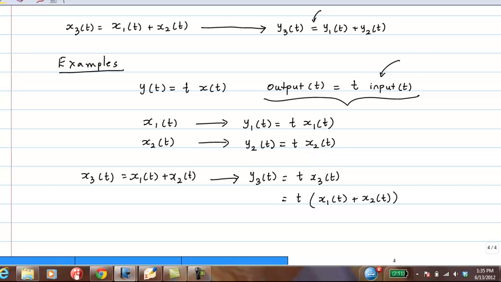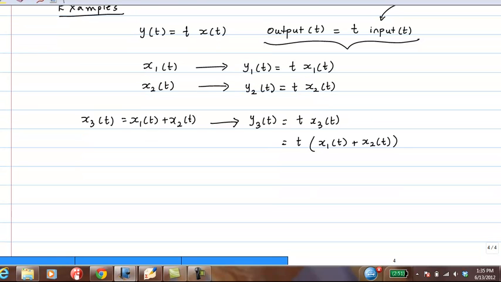Now the system satisfies the superposition property if y3 of t turns out to be the sum of y1 of t and y2 of t. The question is, is this true? In this case, it's fairly easy to see that it is true, because we can use the fact that multiplication distributes over addition, and rewrite this as t times x1 of t plus t times x2 of t.